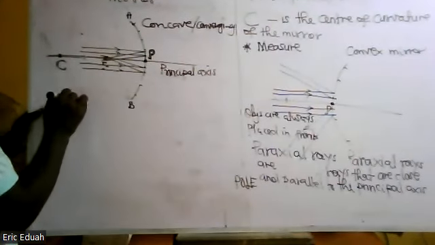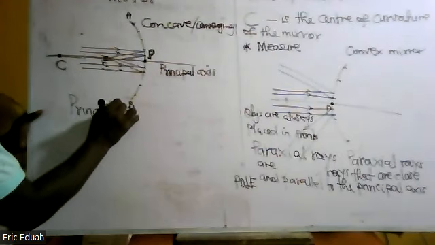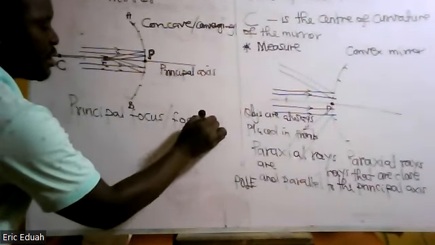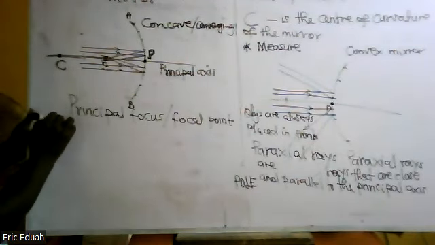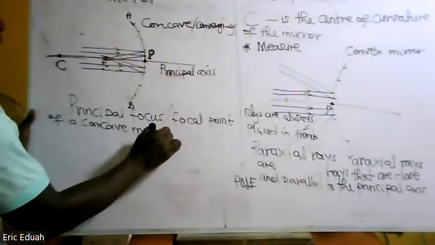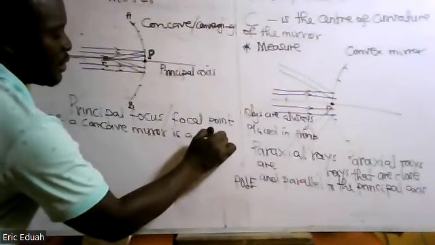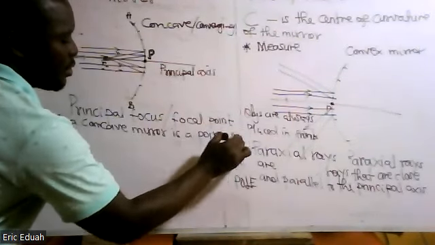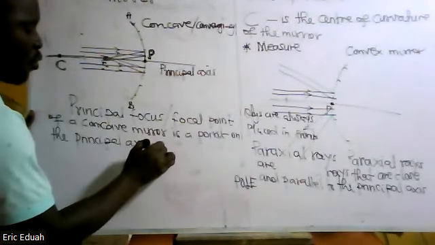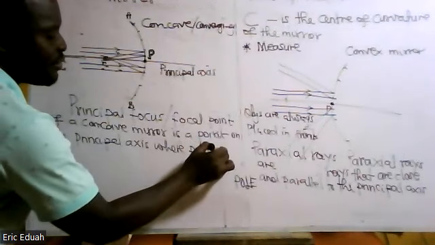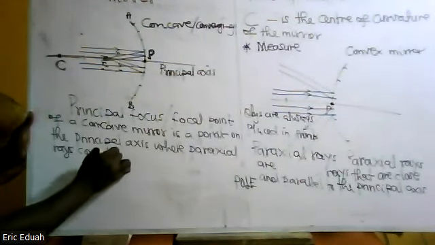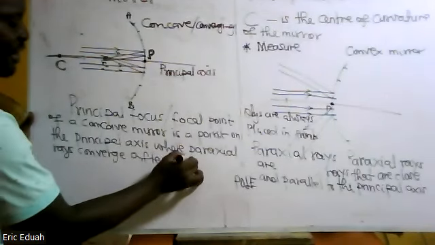The principal focus or focal point of a concave mirror is a point on the principal axis where paraxial rays converge after reflection.